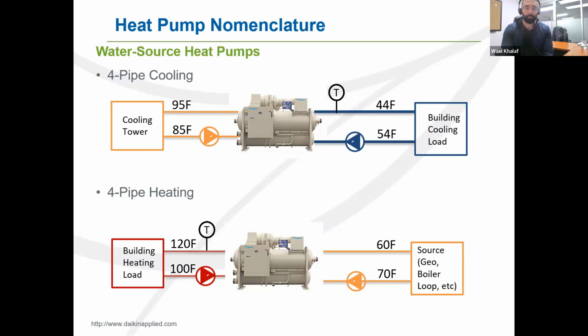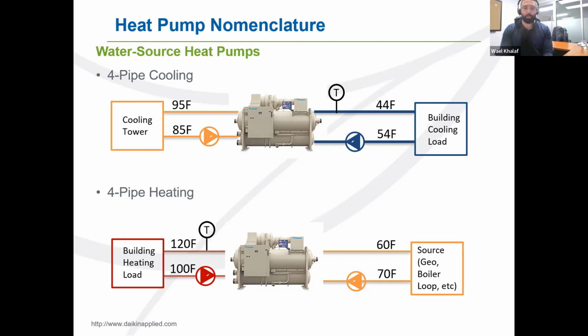Now, a lot of you might know this machine under a different term, like a templifier, for example, which is essentially what this is. And it should be noted that there are products that exist that allow us to control either the chilled water temperature or the hot water temperature, and that's known as a water side reversible heat pump.